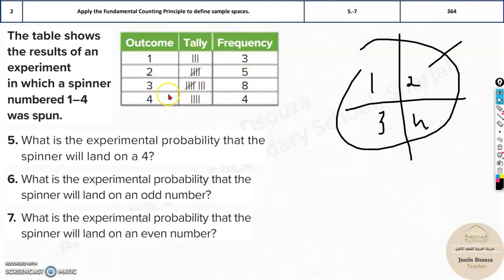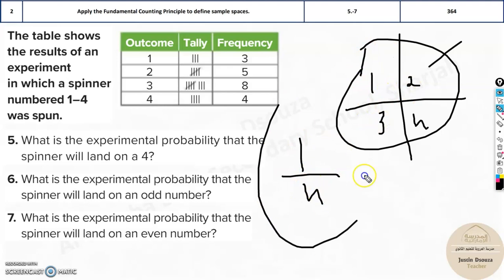You can count the tally as well. 1, 2, 3, 4, 5, 6, 7, 8 times on 3, and lastly 4 times on 4. What is the experimental probability that the spinner will land on 4? Now, if you're thinking of the theoretical probability, the spinner has 4, right? So each of the numbers must be exactly 1/4.